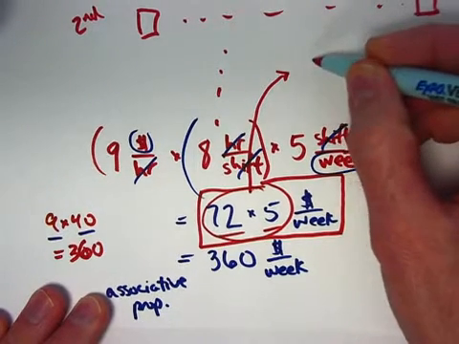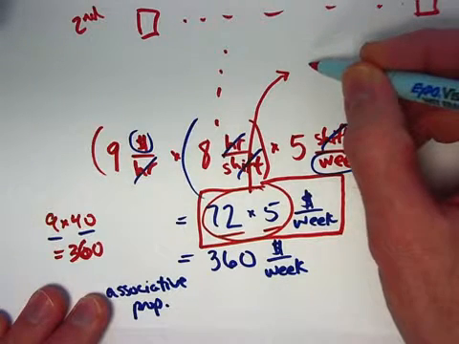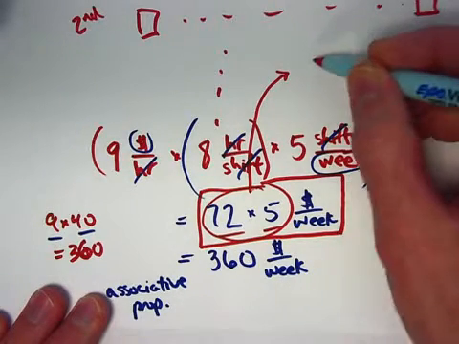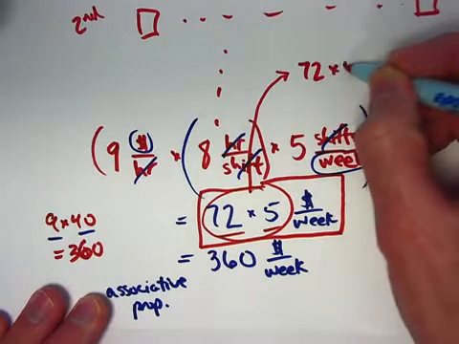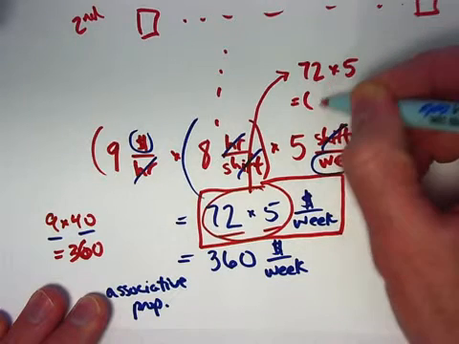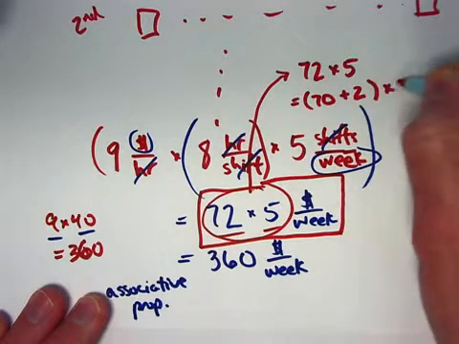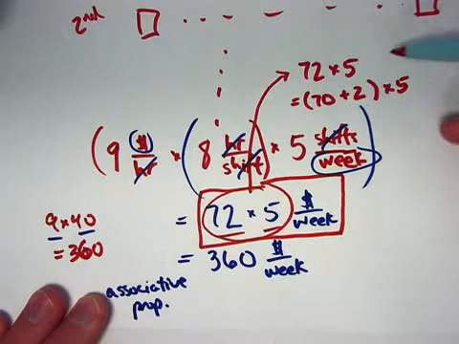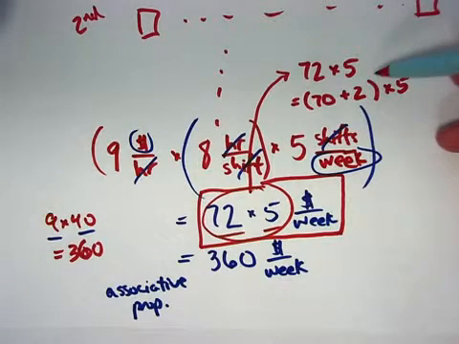I'm going to illustrate it in a symbolic way, and we'll try to understand what I'm doing with smaller numbers in a second. You can think of 72 as 70 plus 2. So therefore I can think of 72 times 5 as 70 plus 2, done first in parentheses, then times 5.